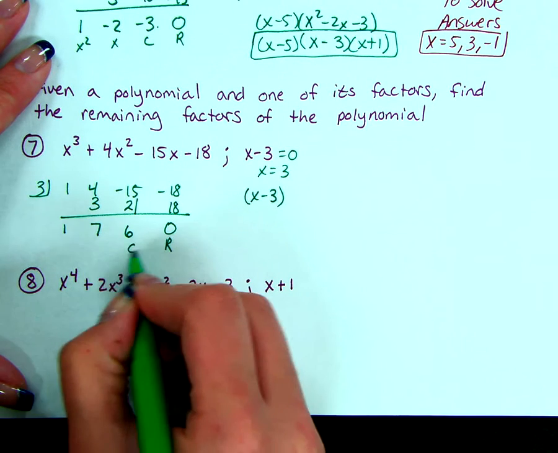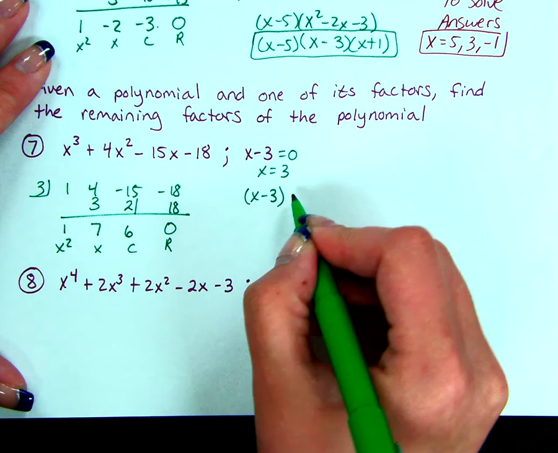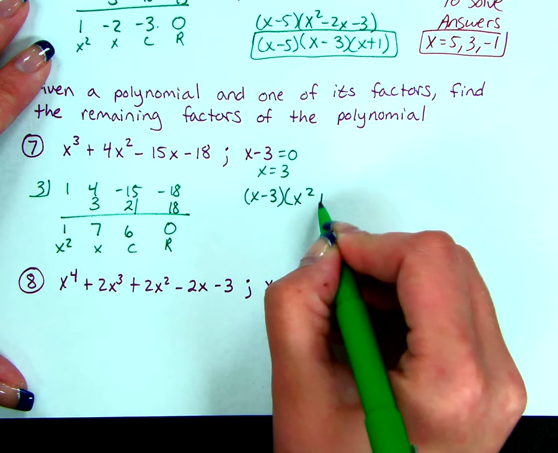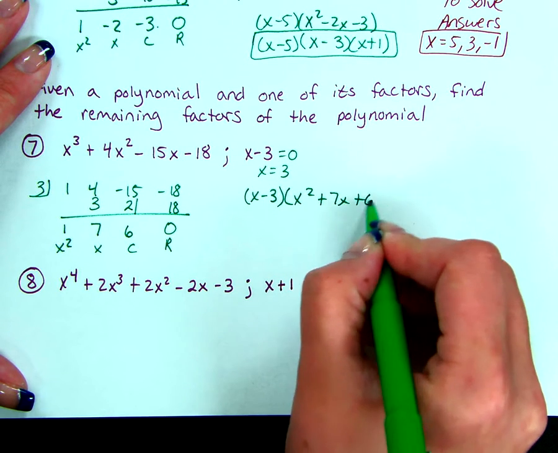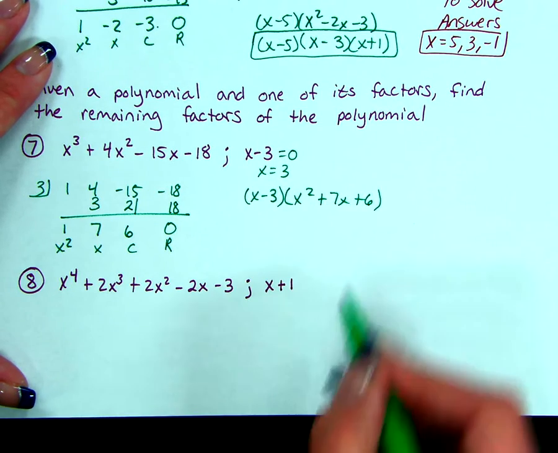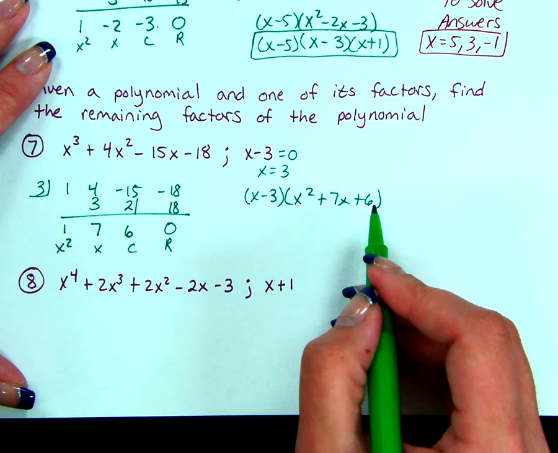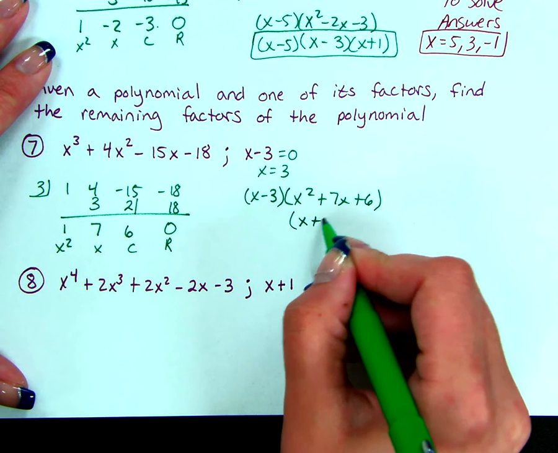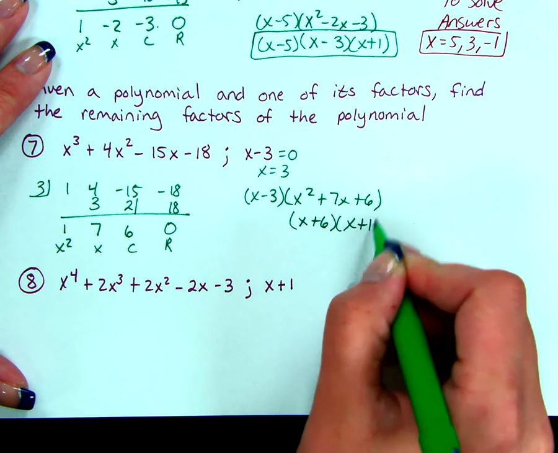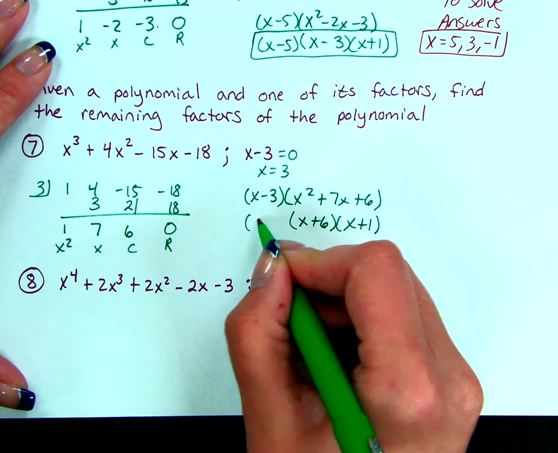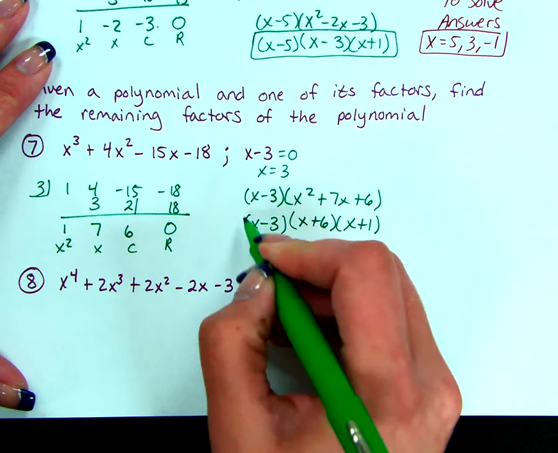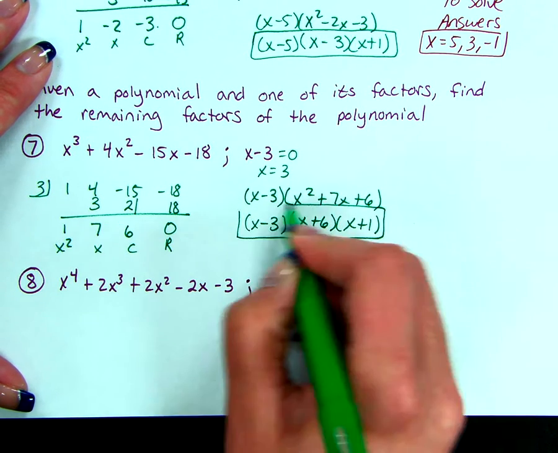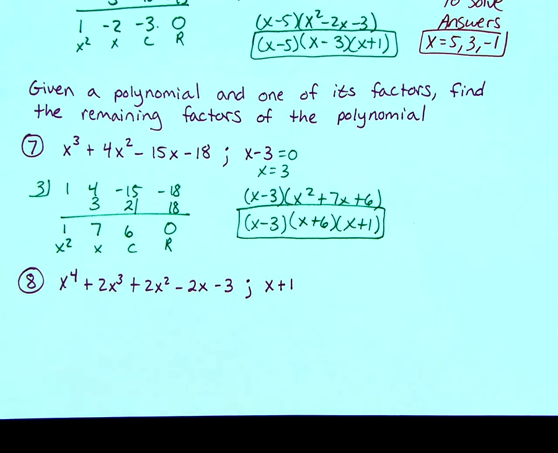So again, remainder, constant, x squared term, times x squared plus 7x plus 6. And then we have to decide if two numbers that multiply to be 6 add to be 7, and there are. We can use x plus 6 and x plus 1, and then we still have the x minus 3 from the beginning. So this is our final answer in factored form.